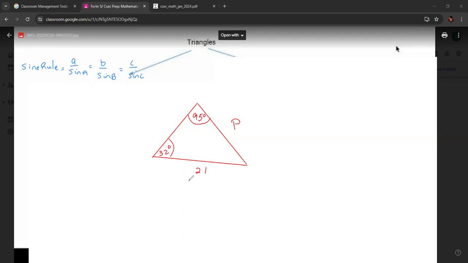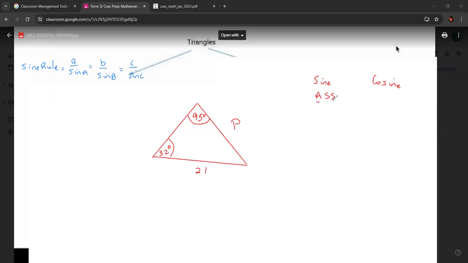Now, anytime you realize it's not a right angle triangle, but you're looking for a missing side or a missing angle, you write your sine rule and your cosine rule, right? Now, sine is the one with the bad word, right?